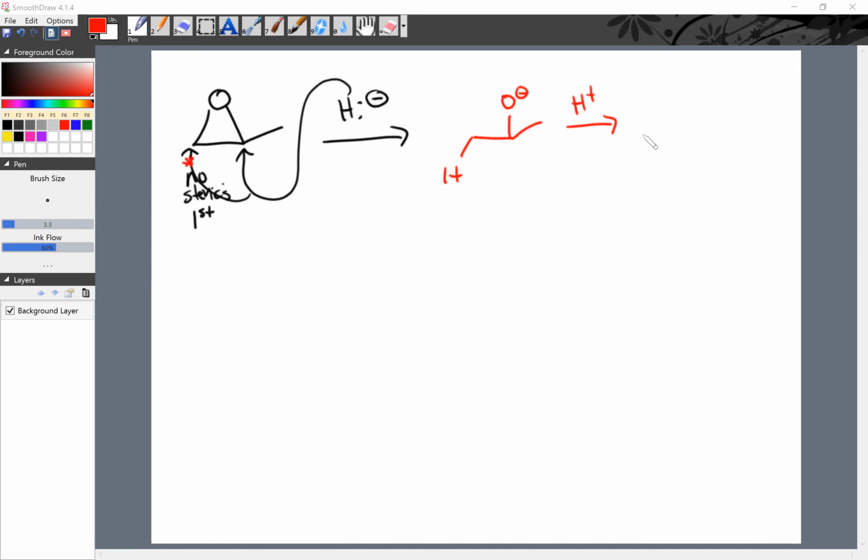Wow, that looks so ugly. There, I'll put it so it looks a little bit prettier. 1, 2, 3, 1, 2, 3, and there's your hydrogen. And there's your hydrogen. So in this case, what do you get from an epoxide and a hydride? You get an alcohol. Okay, you get an alcohol.